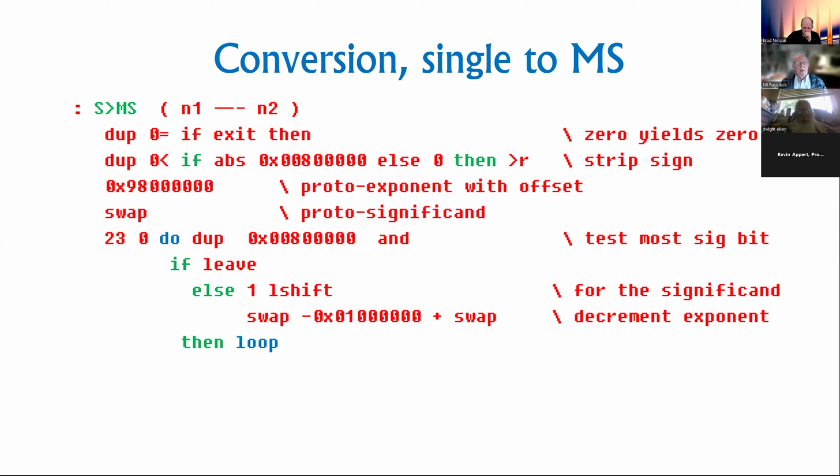We examine the do dupe 0x008, which tests the most significant bit. And if it is set, we leave it that first loop through. If not, the else part does a left shift, which multiplies the significand by 2, and then the swap minus 0x01 subtracts 1 from the exponent.